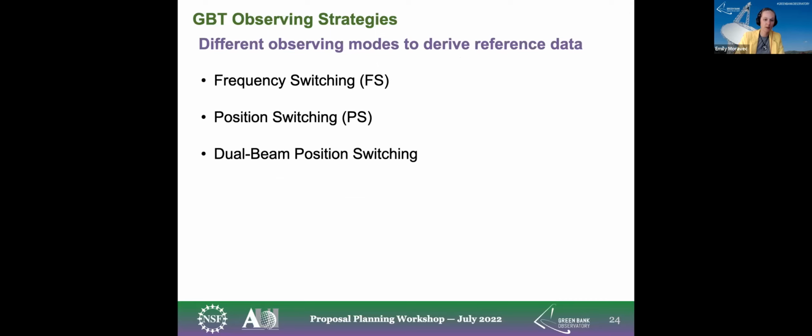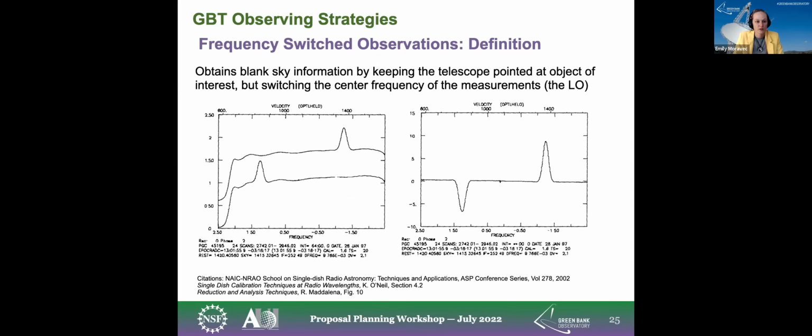So let's go through a few of the main observing modes and strategies that you use to derive your reference data. So first you have frequency switch observations. This is when you obtain blank sky by keeping the telescope pointed at the same object, but simply switching the center frequency of the measurement. So you're switching the local oscillator. You can see that here in the left image where you have the line that's shifted by a certain amount.